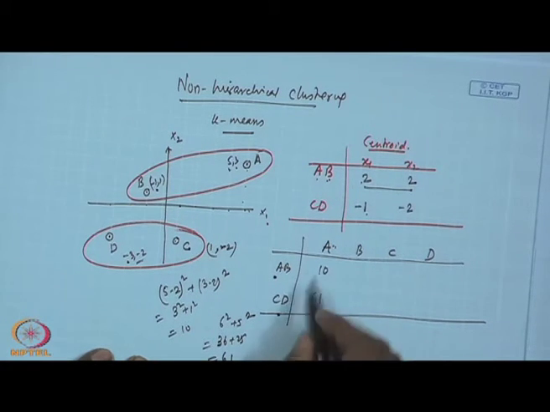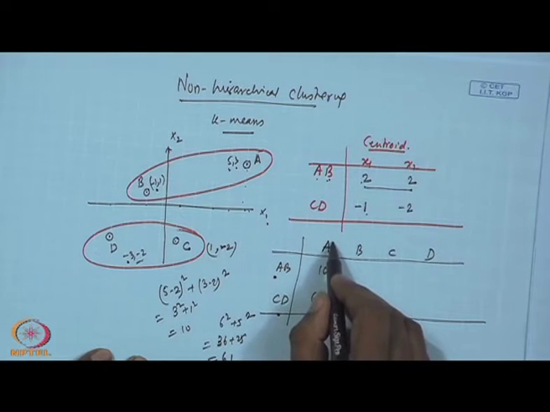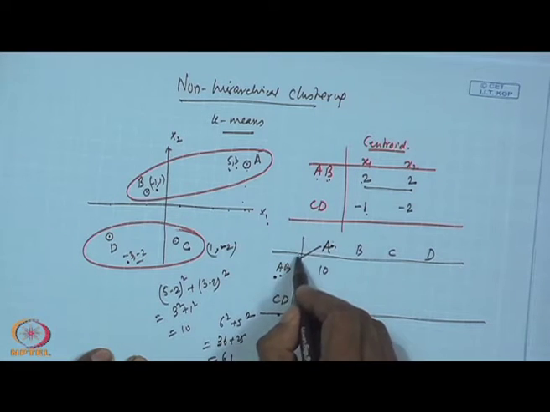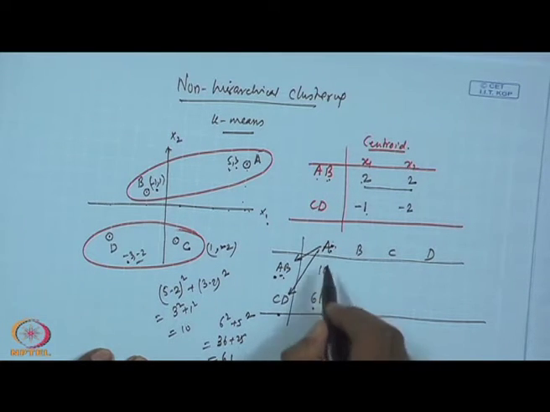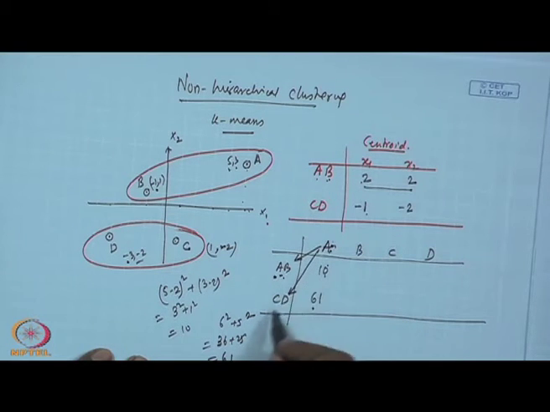So, definitely I am comparing A's position, whether it should go to AB, in this group or in this group. As the distance of A to AB is 10, which is less than the distance between A and CD, 61, its group should be AB.